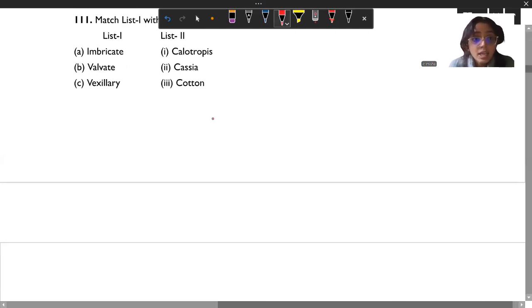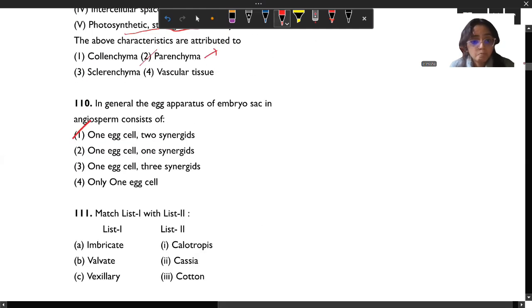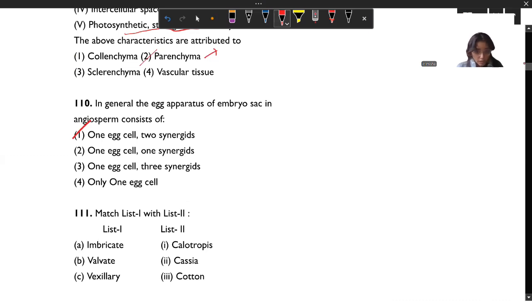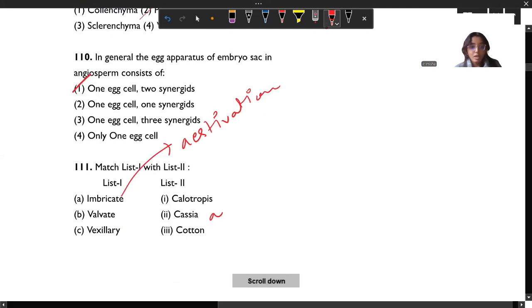It says match list 1 with list 2. Imbricate type of estivation is seen in Cassia. Valvate estivation is seen in Calotropis, very famous.